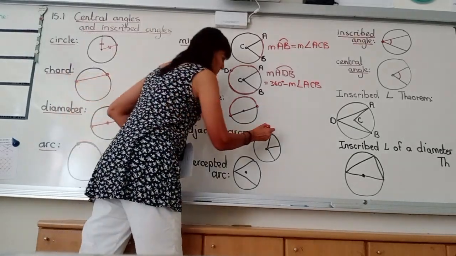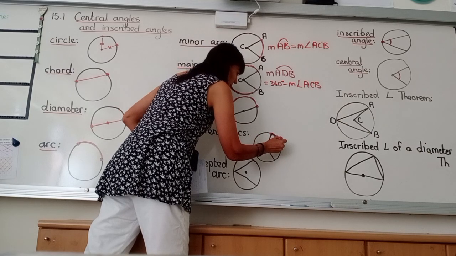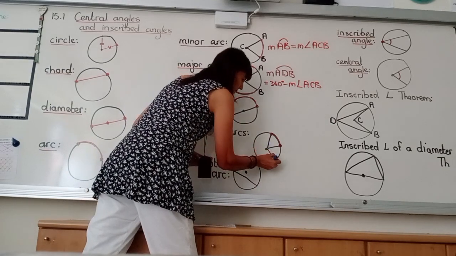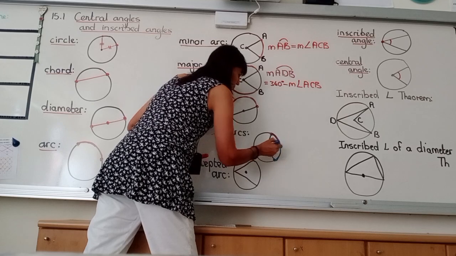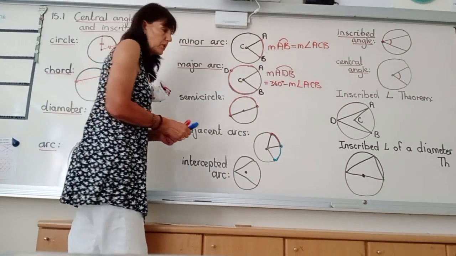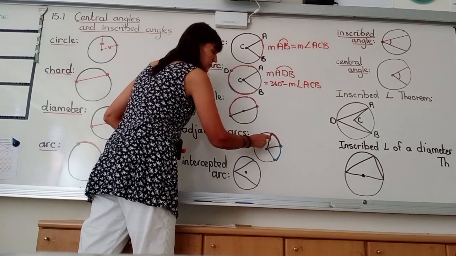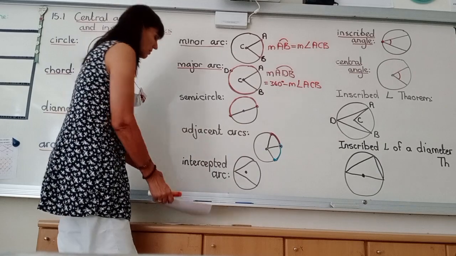Adjacent arcs. Here we have an arc with an endpoint. And then we have another arc, and they are going to share an endpoint. So if they have a common endpoint, the blue and the red arcs will be adjacent arcs.